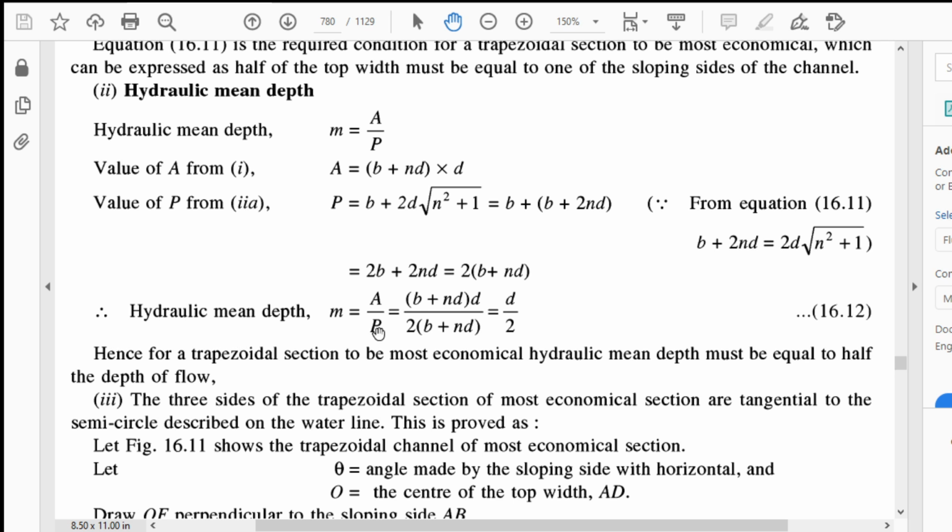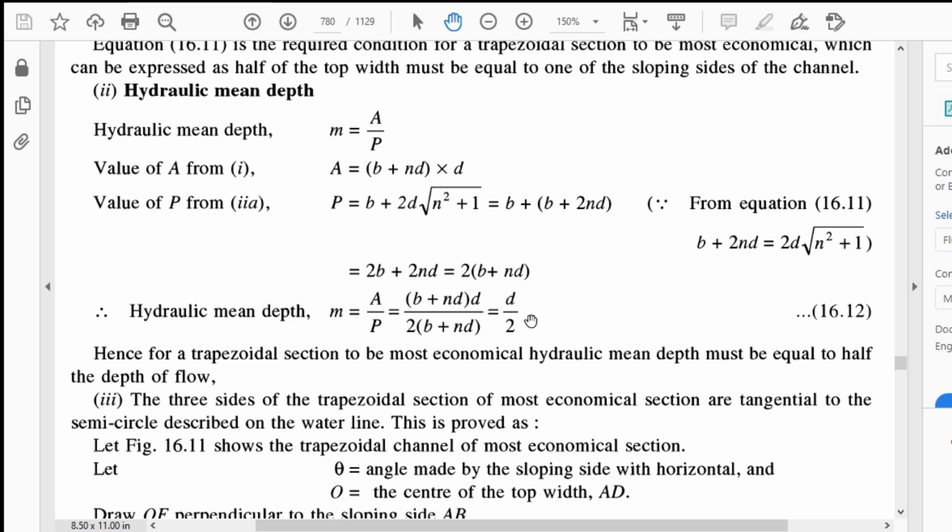Now hydraulic mean depth M equals A by P. Put the value of A here and P. You will get the hydraulic mean depth as D by 2. This condition is same as that of the most economical rectangular channel section.